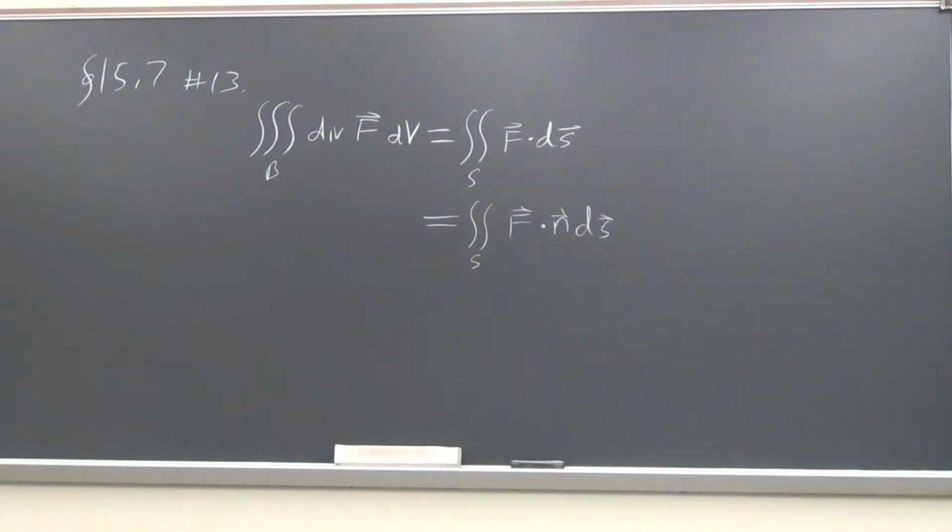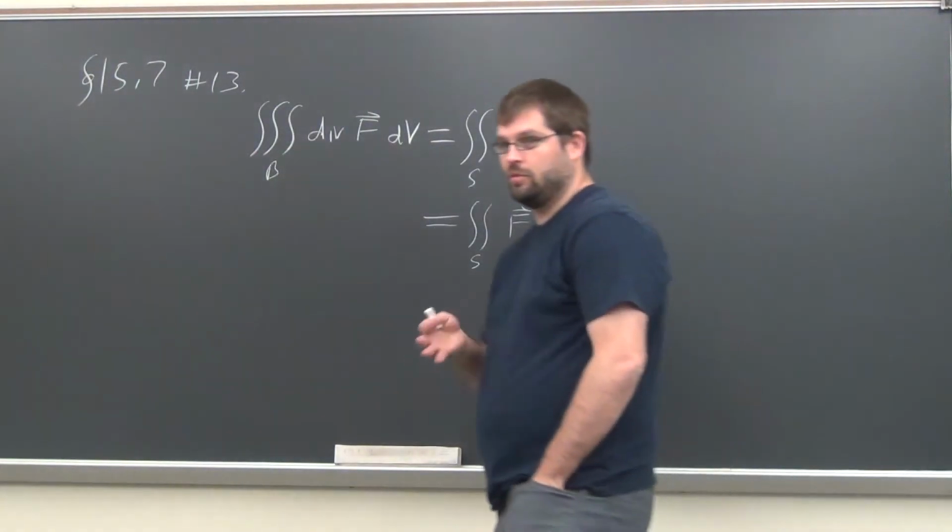So the pieces of information that we were given were what? That F is always a unit vector, so they don't tell you anything else about what's going on.